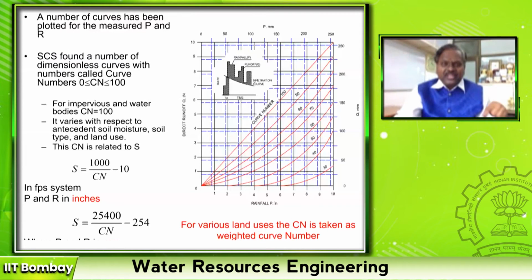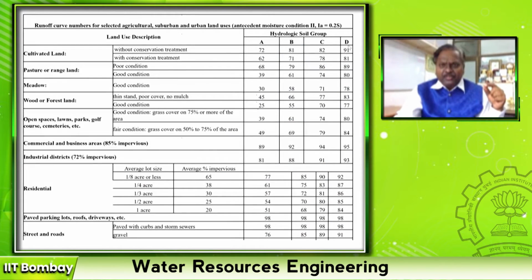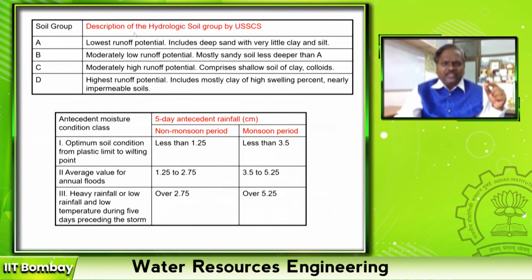Based on several experiments, they have given a relationship between the type of soil, that is A, B, C, D, the 4 types of soil by USGS, having lowest runoff potential, moderate runoff potential, high runoff potential, and very high runoff potential.